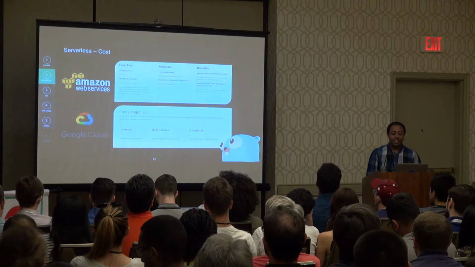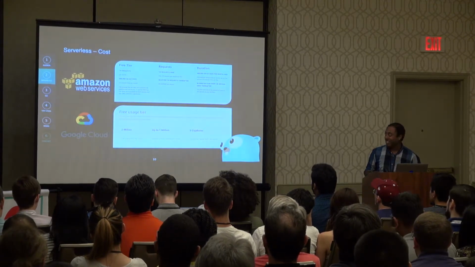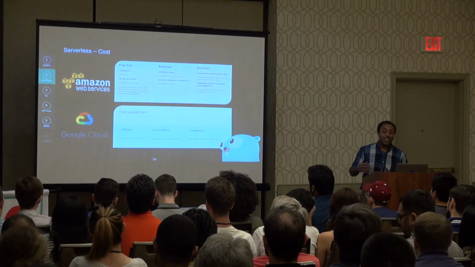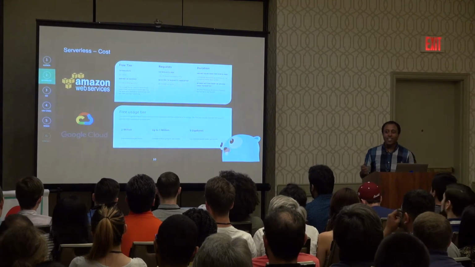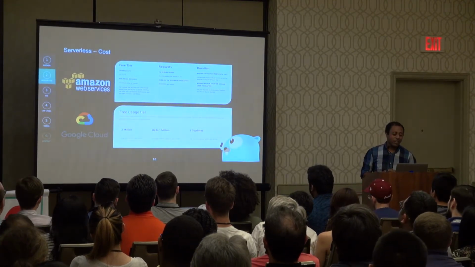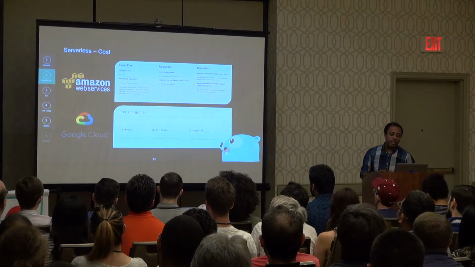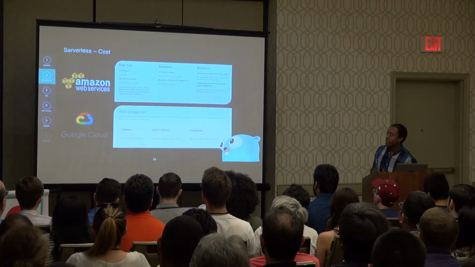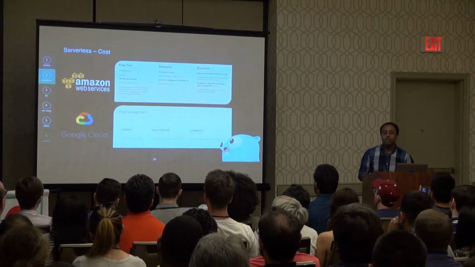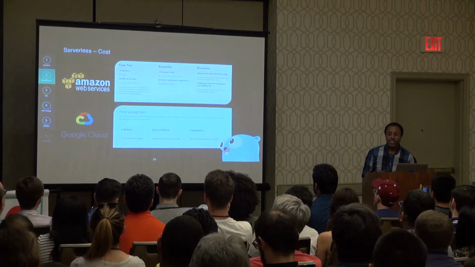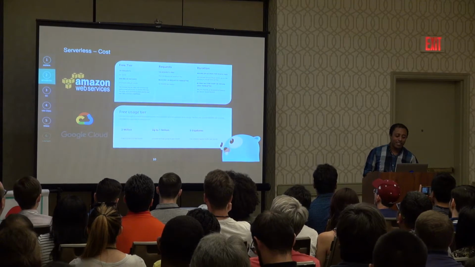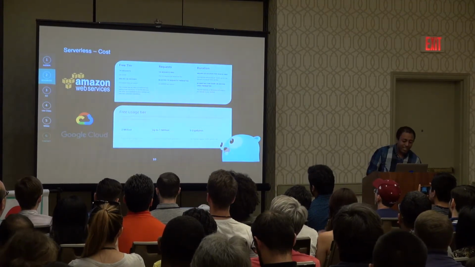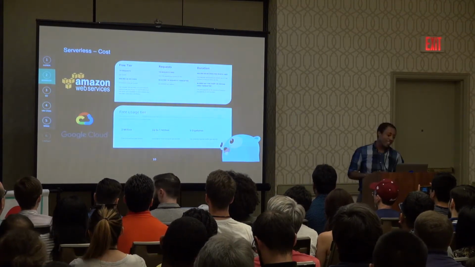I want to be a little agnostic about it, so I just want to show you the cost benefit of any type of serverless application. If you're running Lambda functions on Amazon Web Services, you can use the free tier of up to 1 million requests a month for free, up to 400,000 gigabyte-seconds.